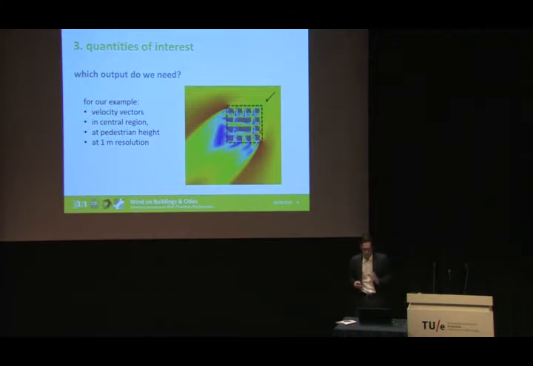It's a lot of data. For my application, I'm only interested in a subset of that: the wind speeds at pedestrian height in the central region of my street canyon. I don't need all these very refined meshes near the boundaries. 1 meter resolution is good enough for my purpose. So I downsample these data to have only what I need.